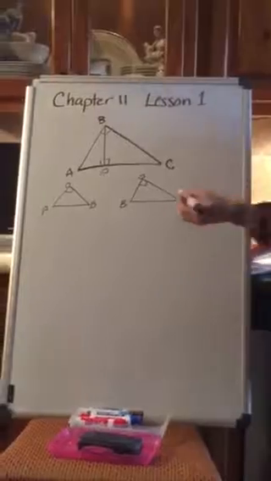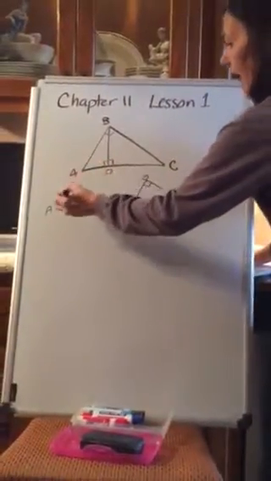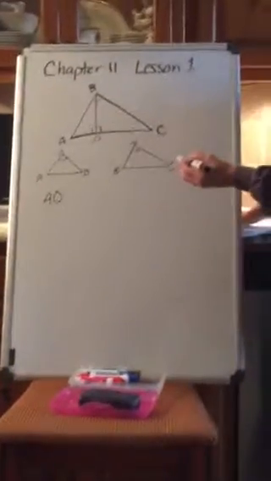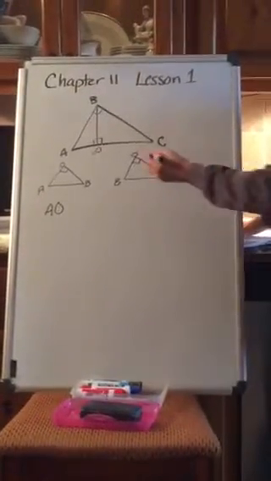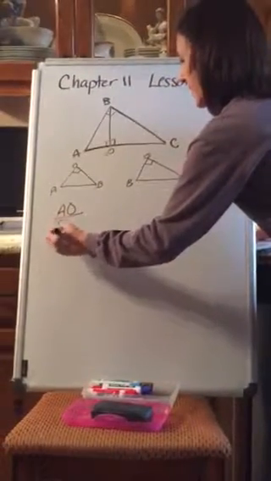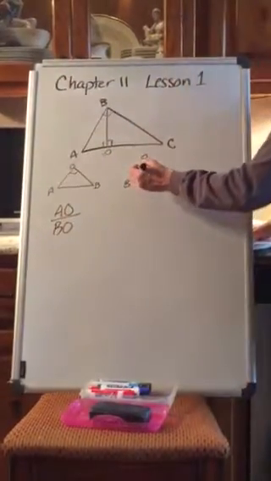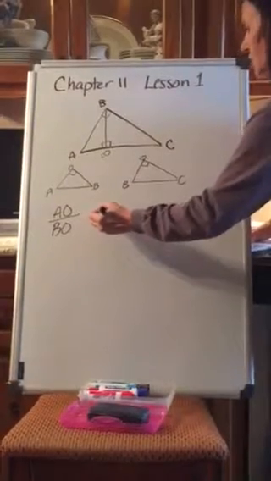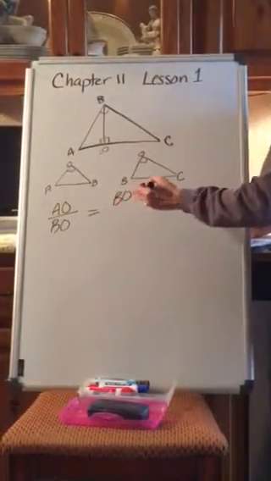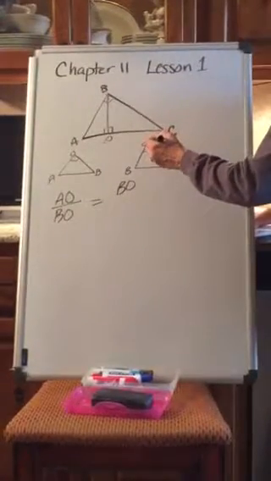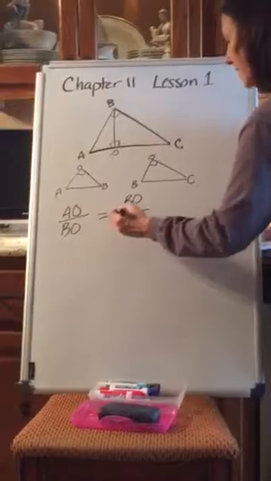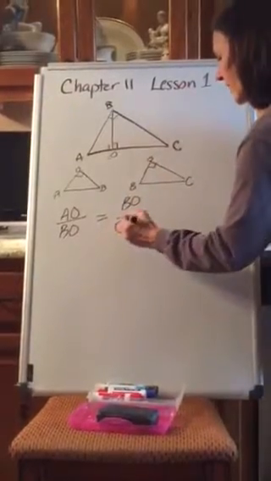I can say that AO in this triangle is to BO in this triangle equals BO in this triangle, this leg, to CO in this one.